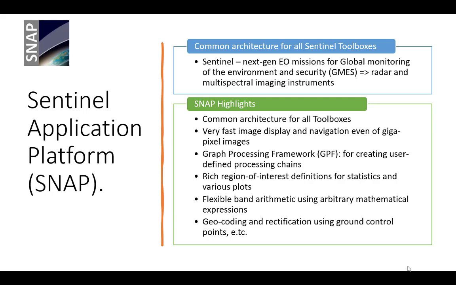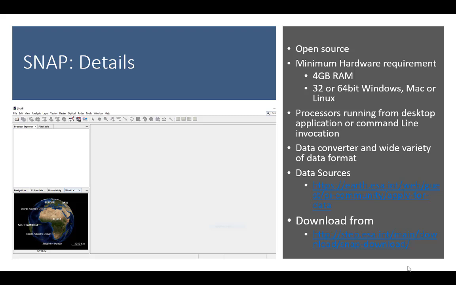Now, let's see what the requirements are for you to install the software. First of all, remember that this is open source software, which means it's available for free and it's constantly being modified and developed. The minimum hardware requirement is 4 GB of RAM and either a 32-bit or a 64-bit Windows operating system.